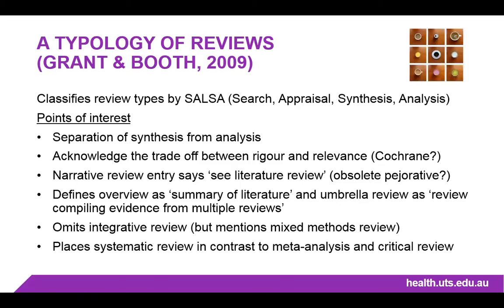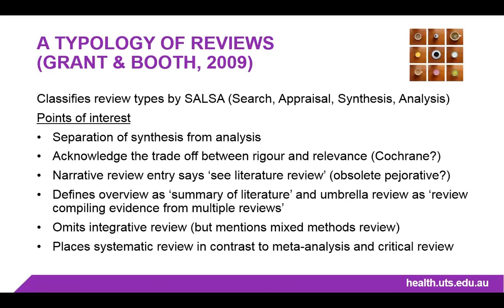In fact, many of the Cochrane reviews end up doing a narrative synthesis as well, either because they can't do a meta-analysis because of the heterogeneity, that is the difference between the outcome measures or the populations involved in the studies, or they'll do a meta-analysis, but then they'll also do a narrative synthesis on top of that, which unravels some of that heterogeneity. Okay, and we'll talk a bit more about that later.